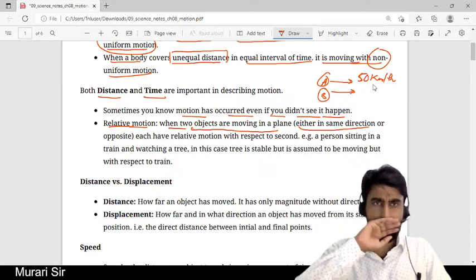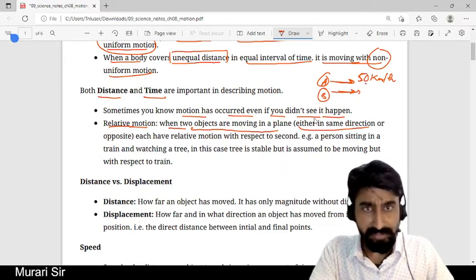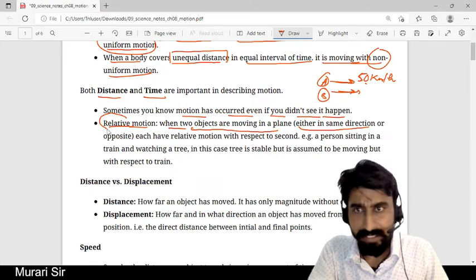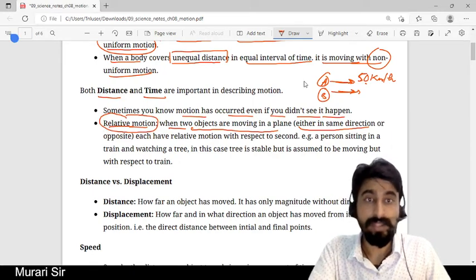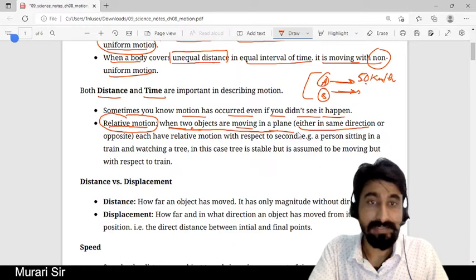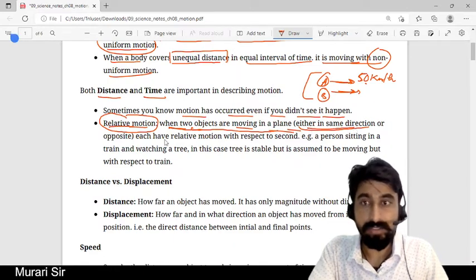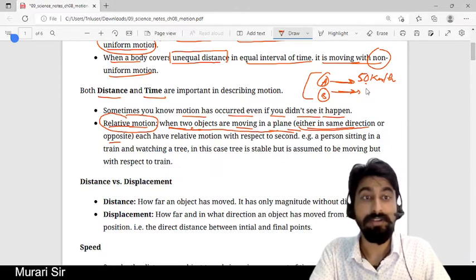Both are moving in same direction with 50 kilometer per hour. Now, relatively, you can say that both are at rest, but obviously they are moving. That is the case of relative motion when two objects are moving in this plane either in the same direction or in opposite direction. So what if they are moving in opposite direction? Then it will add up.